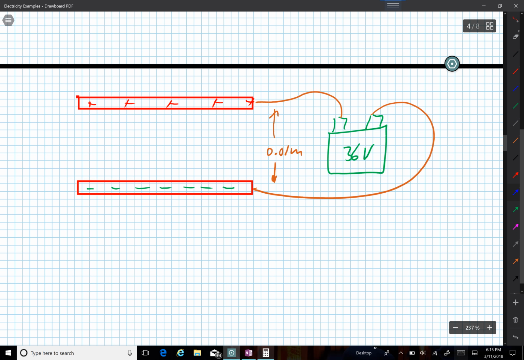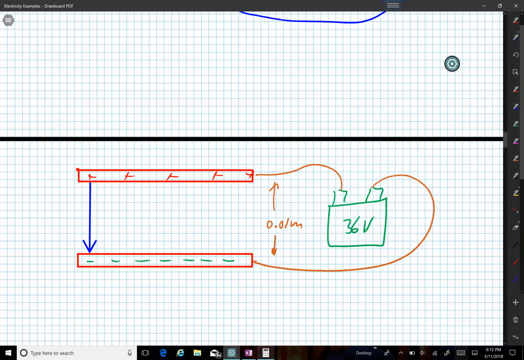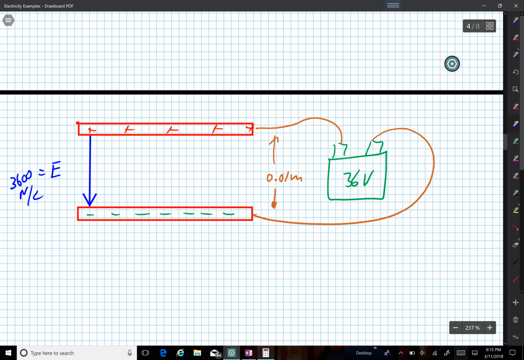We're just going to borrow the ideas: 3,600 newtons per coulomb.